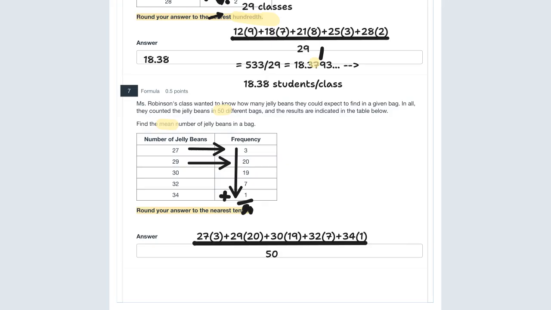So now I grab my calculator. Okay. And I note that the largest number is 34, the smallest number is 27, so the mean better be somewhere in between them. I had a lot in the 29 to 30 range. So, I expect my answer to be in the 29 to 30 range. Let's see, maybe a little bit heavy.